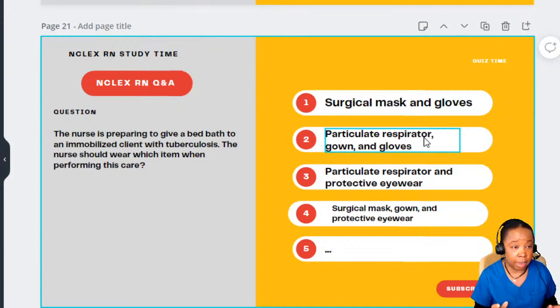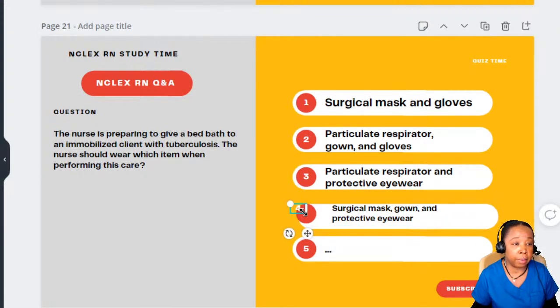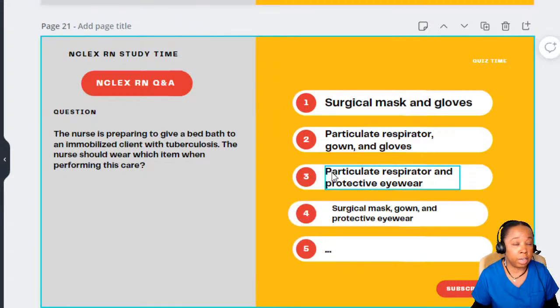That's the reason it's good to wear goggles. Okay, but if it's a regular TB patient that is on the floor, you really don't need to wear goggles. Okay, so the answer is 2.